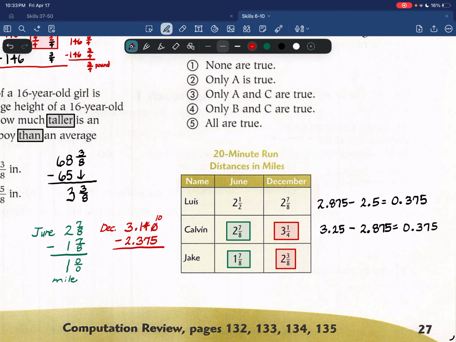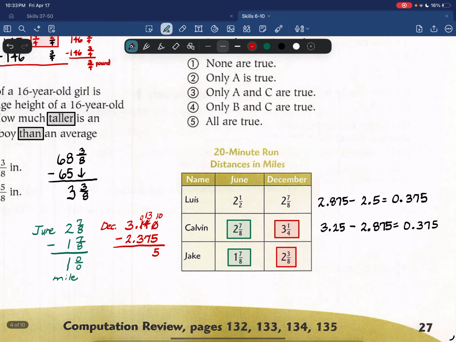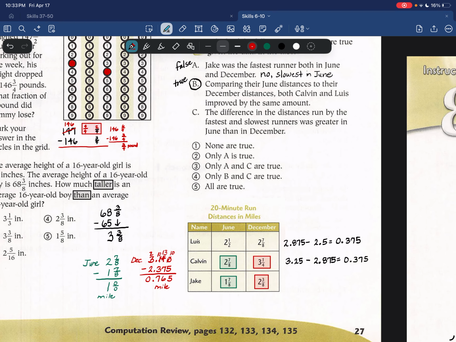It is fine. In fact, that's what you're supposed to do. I just don't have the fraction calculator with me. So this was a little more than 1/4 of a mile.